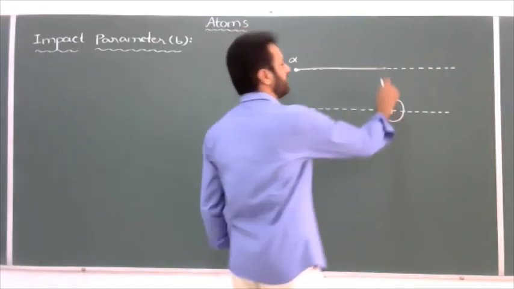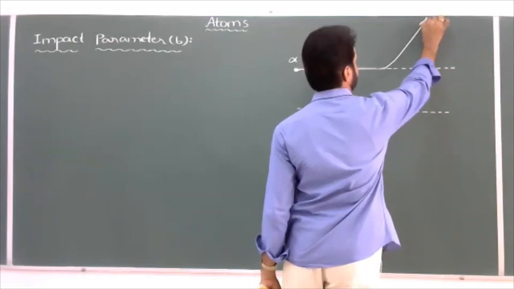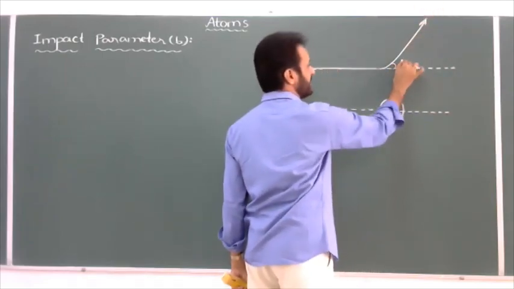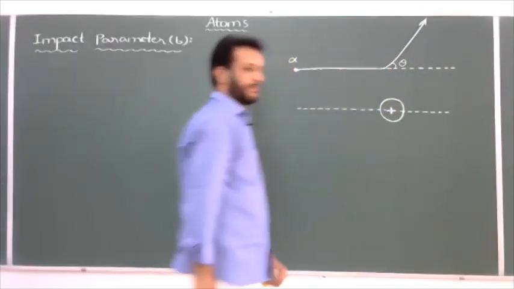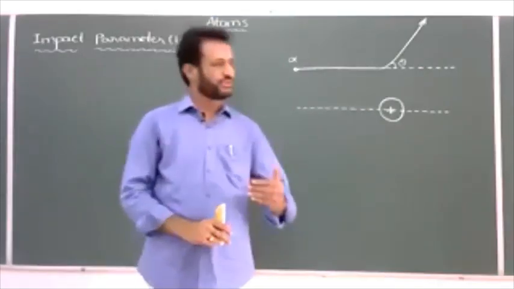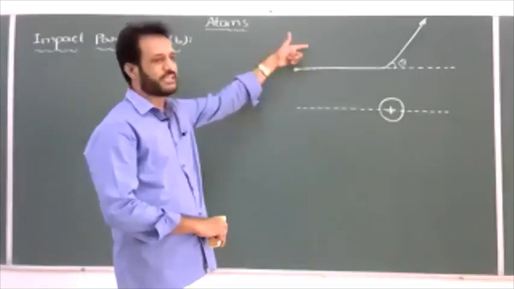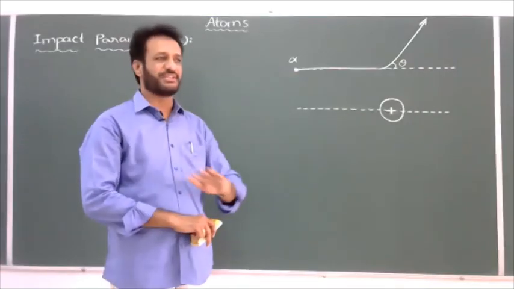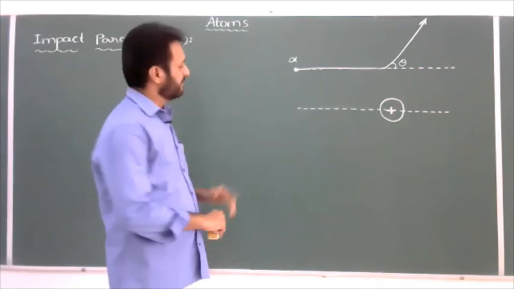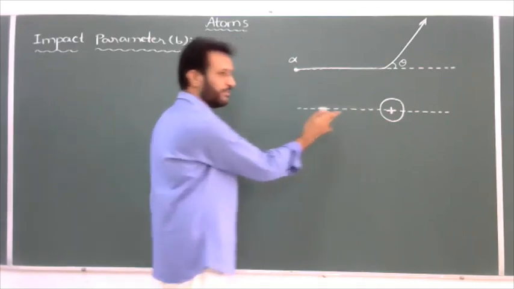Because of the repulsion, the path of the alpha particle is deviated like this, with some angle which is equal to the scattering angle. In the previous class we discussed that the scattering angle lies between 0 to 180 degrees. When the alpha particle is moving far away from the nucleus, there will be no deviation. But whenever the alpha particle is moving directly towards the nucleus, the angle will be 180 degrees.